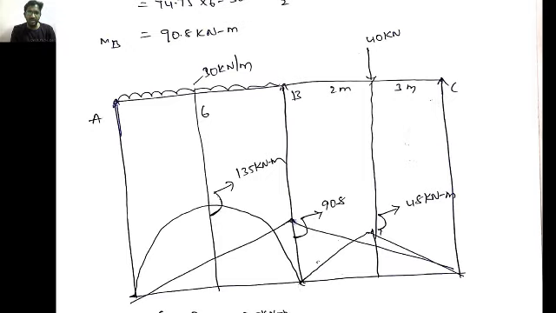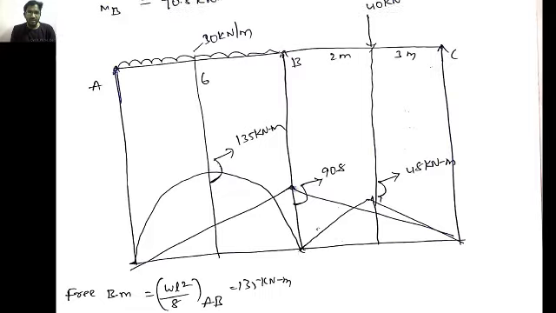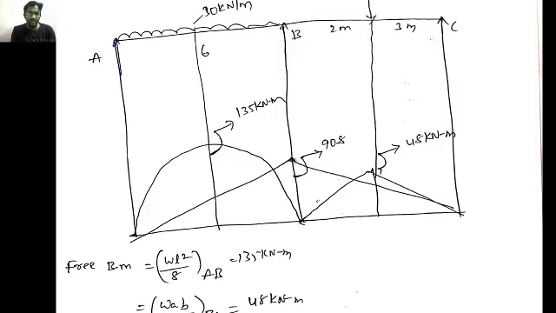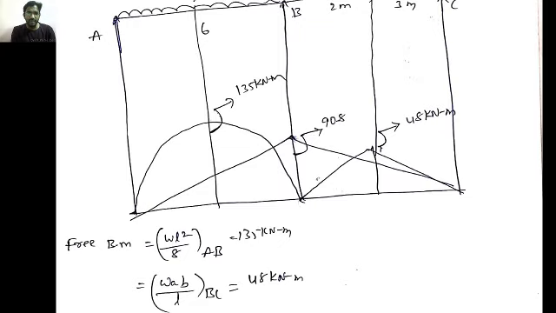So that's why I am taking 0, and 90.8 kilonewton meter appears at point B. These parabola and triangle shapes are the free bending moments. Just observe, the free bending moment in span AB is WL square by 8, finally I got 135 kilonewton meter, and for span BC it is WAB by L, finally I got 48 kilonewton meter.